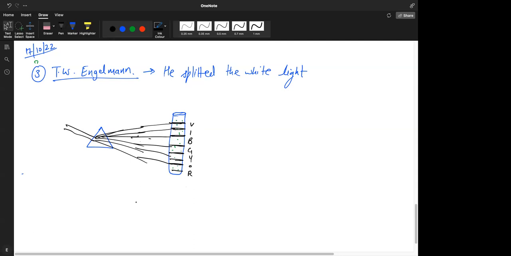So he saw that in this suspension, there are 2 things. First thing is aerobic bacteria.